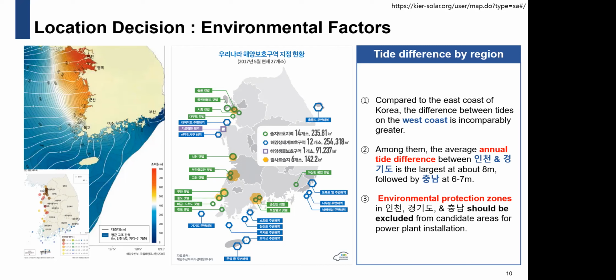And Chungnam has a 6 to 7 meter tidal difference for the annual average. But we need to consider the environmental things. The middle picture shows the protected area. It's a forbidden area to build a power plant or some kind of industry. So we need to care about both of these things.